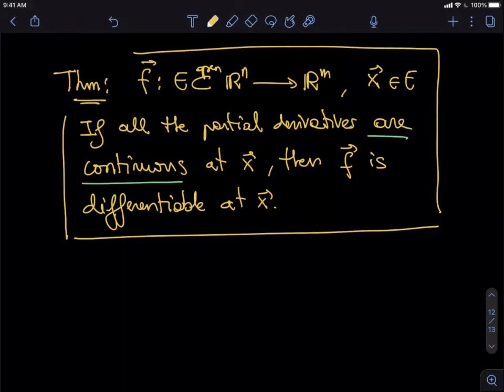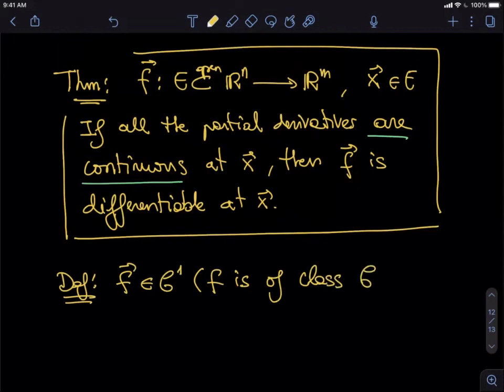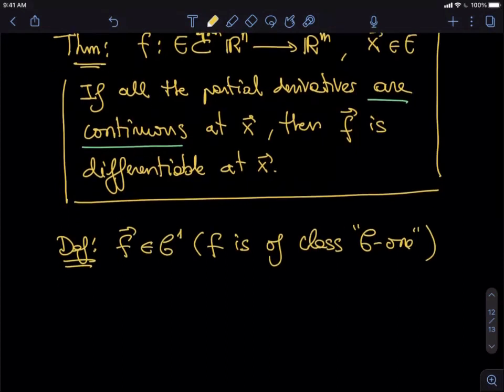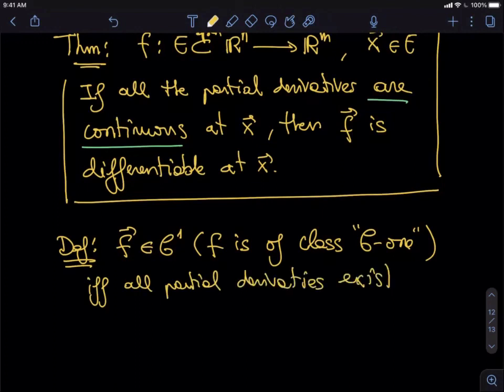Now, this is a very useful condition, so it has a name. Definition: f is of class C1 if and only if all partial derivatives exist and are continuous.